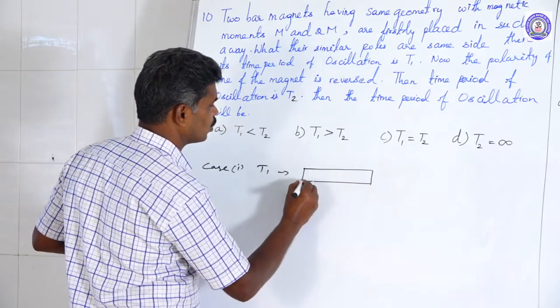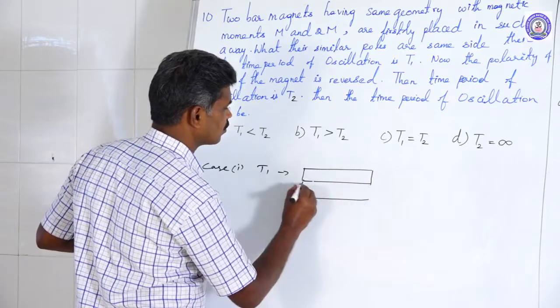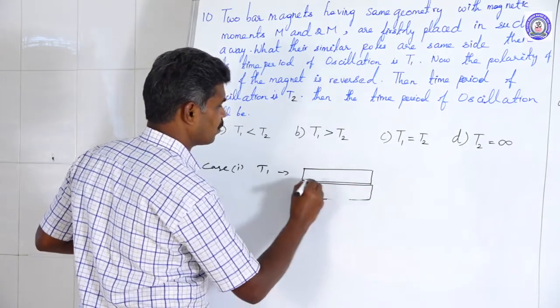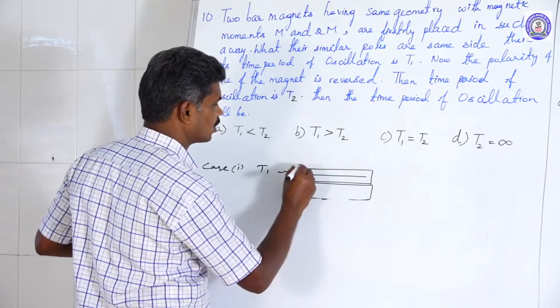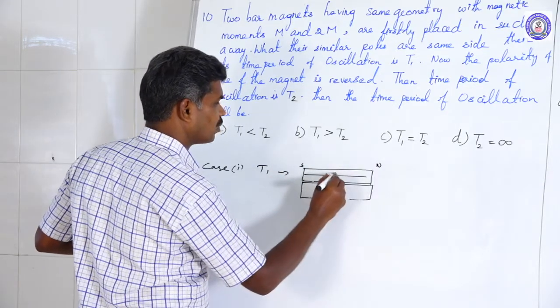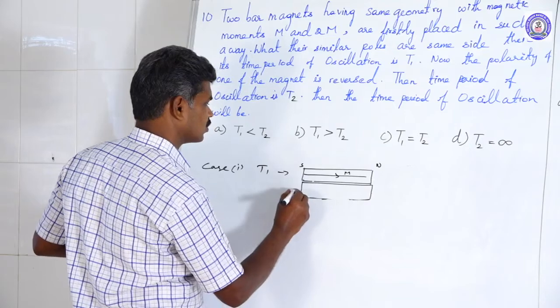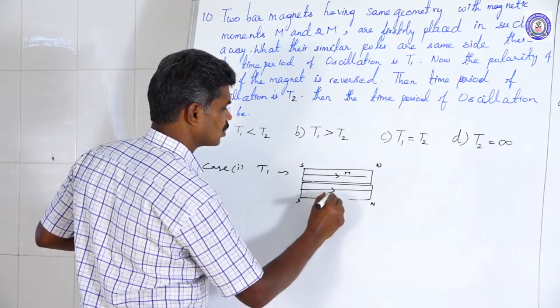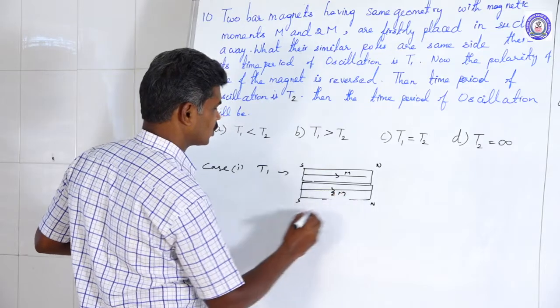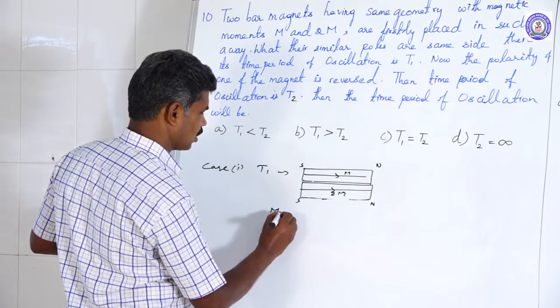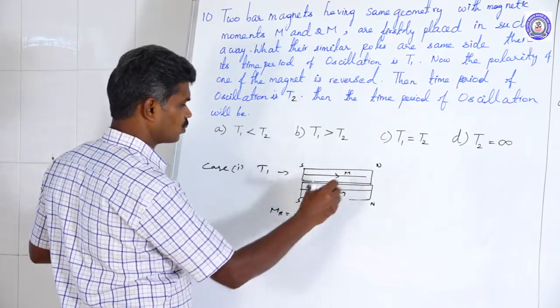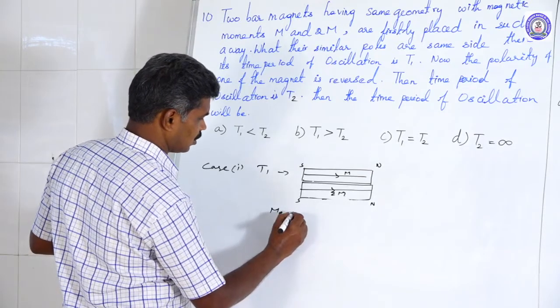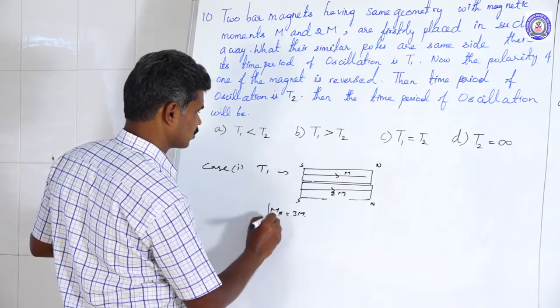That's why we are arranging the two magnets with magnetic moments: the first magnetic moment is capital M, the second magnetic moment is 2M. So the resultant Mr is equal to M1 plus M2, that is 3M.